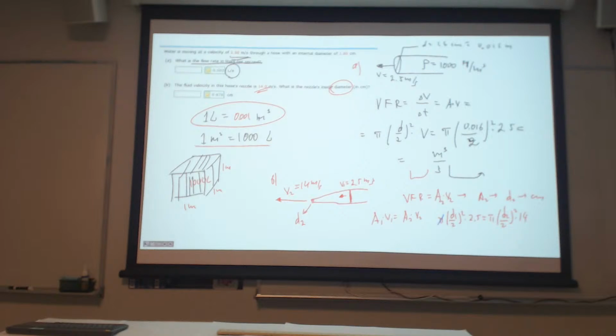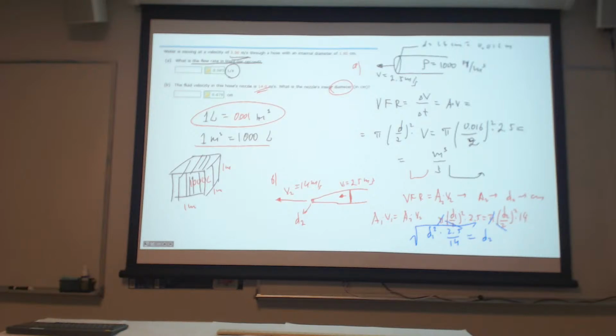So I can cancel pi and pi, I can cancel 2 and 2, and what I'm looking for is d2, just d1 squared times 2.5 divided by 14, and the square root of that gives me d2 automatically. That would be easier. You can use the diameter in centimeters, and your answer will be automatically in centimeters.